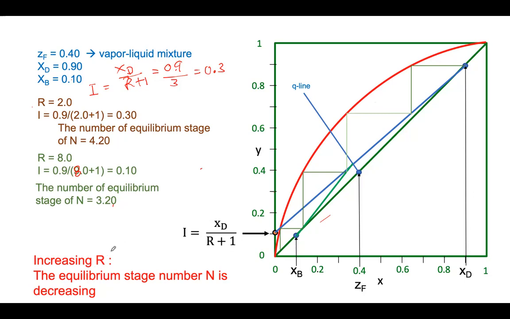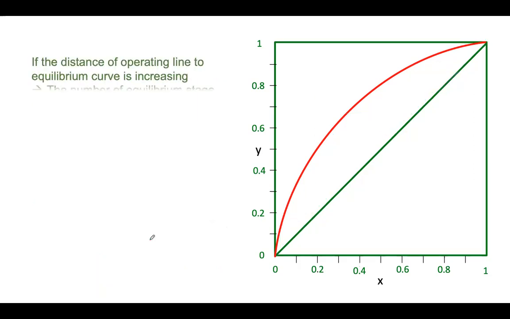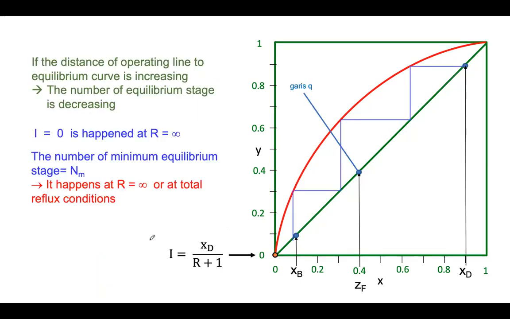But if you decrease the reflux ratio, that means you increase the equilibrium stages, so the number of stages would increase from 3.2 to 4.2. All right. So now, what's the implication?